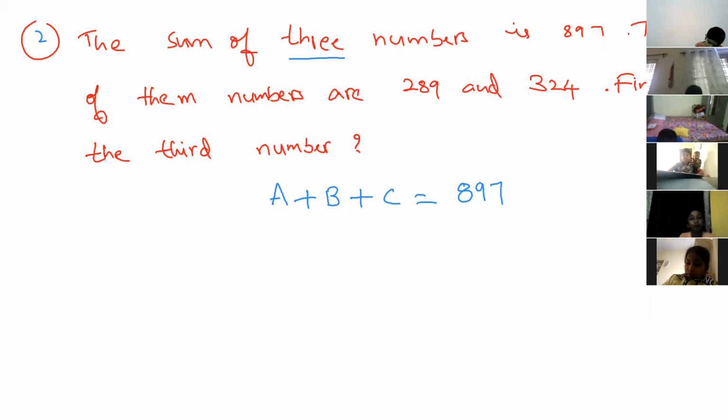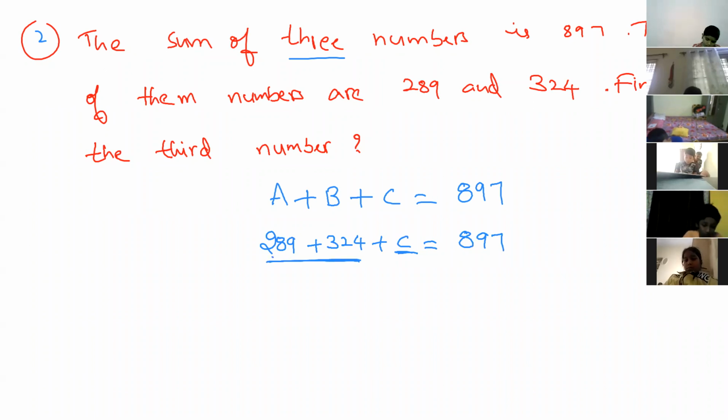After that, what do we do? In the place of A, I'm taking 289. In the place of B, I'm taking 324. In the place of C, it is the third number. You can add these two: 289 plus 324, what is the answer you will get? 613 plus C equals 897.